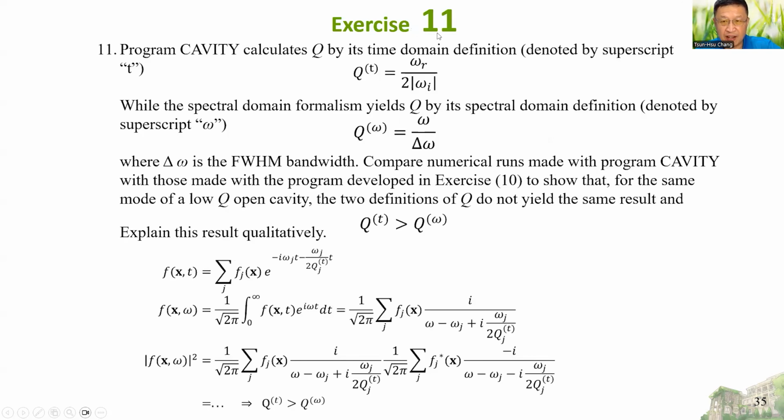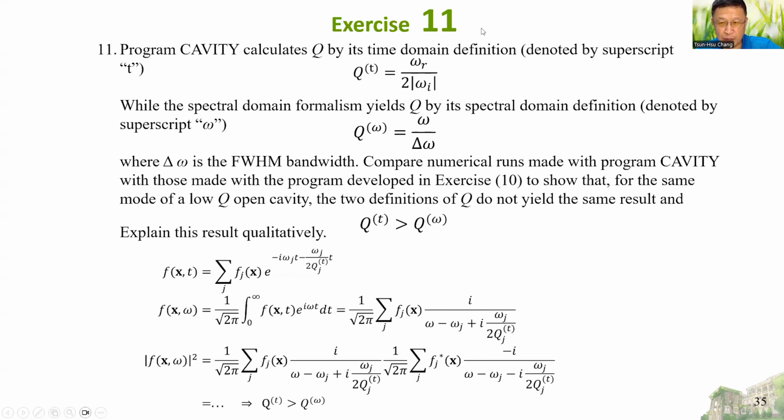Exercise 11. Okay, exercise 11 is a pretty good chance to compare the time domain and spectral domain results, and you will find they are different. It's different because for the time domain result, we make 3 assumptions, and these assumptions are oversimplified.